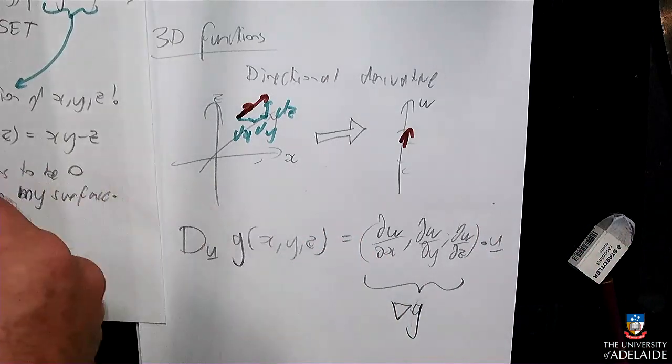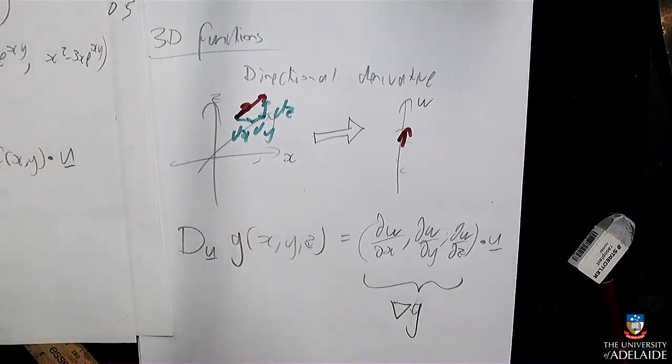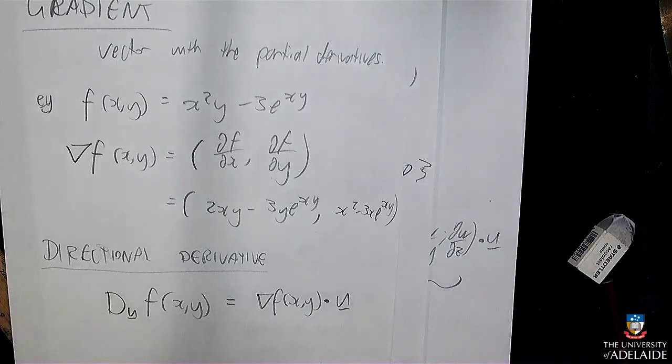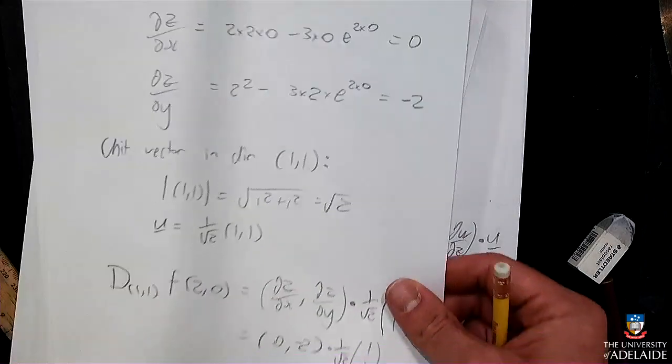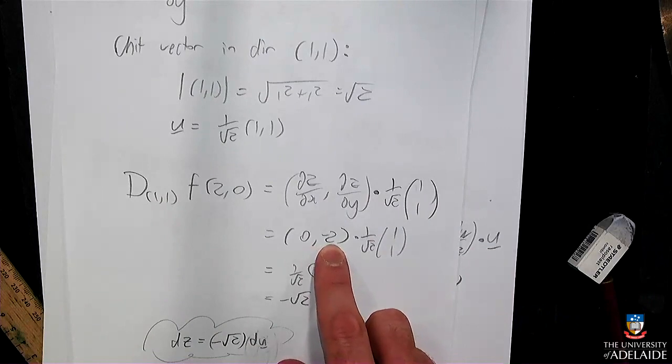So back here, where's the working that goes with this? My pages are out of order. Here it is. This vector 0, negative 2, that's the gradient vector at this point.